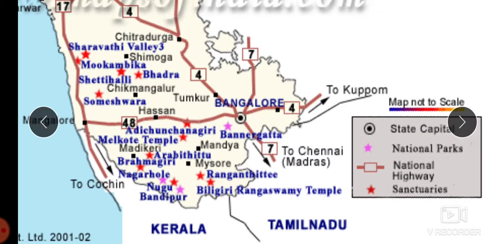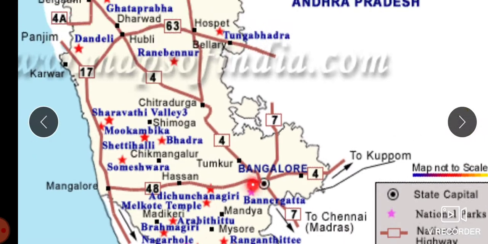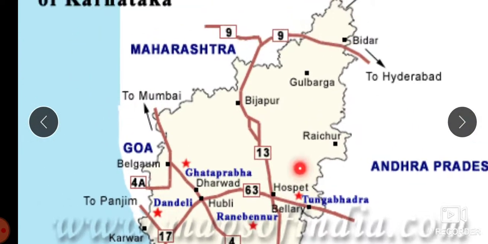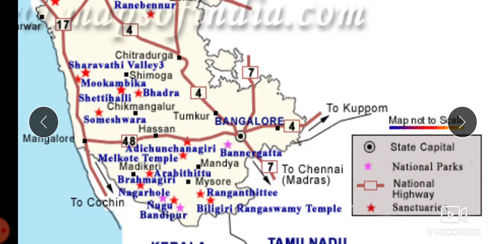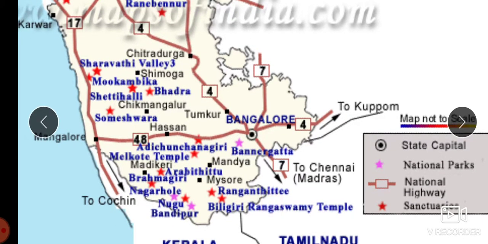See, this mark is where we have the national parks. We have Bannerghatta, Bandipur, Nagarhole, where we have the national parks, and also the sanctuaries: Biligiri Rangaswamy Betta, Ranganathittu, then Nugu, Brahmagiri, Arabithittu, Melkote, Adichunchanagiri, Someshwara.